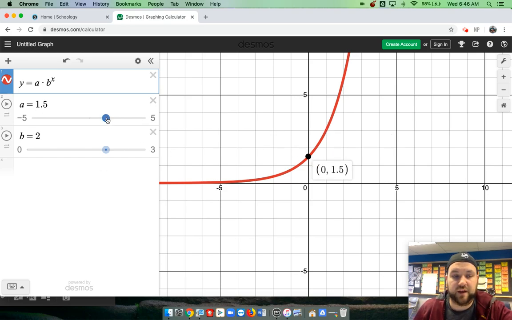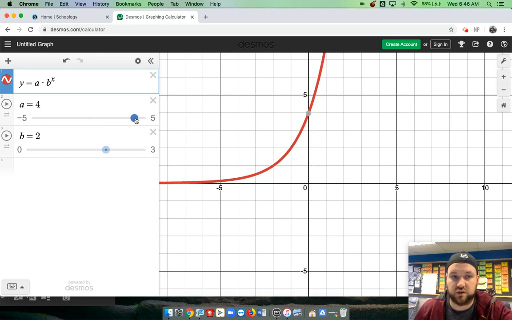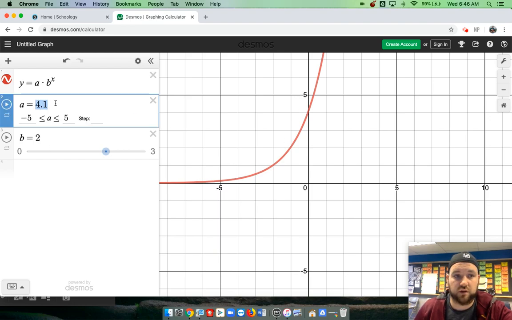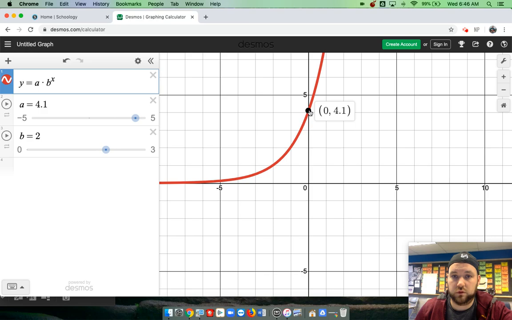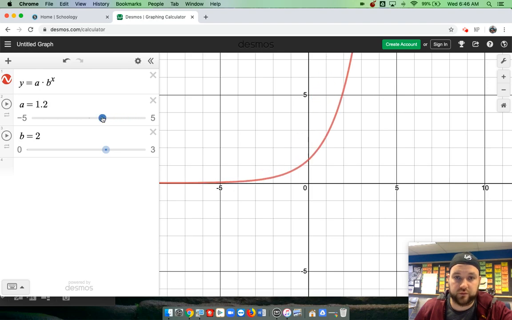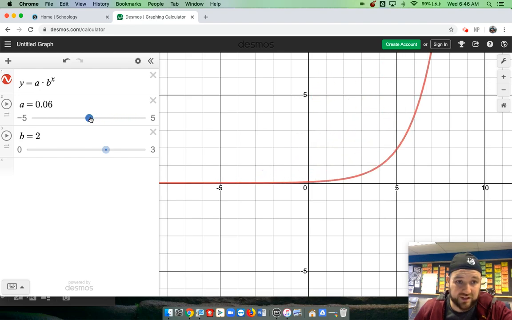Okay. If I change the A value, notice that me changing the start value is still growth, but when the start value is 4.1, now that's where the graph starts, it's 4.1. Okay. If I go negative, this is what's kind of interesting.